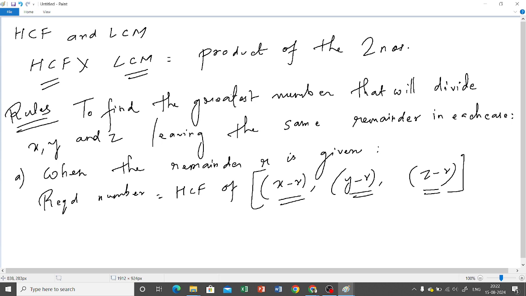That means x, y, z when divided by that number will leave remainder r. Did you understand this?